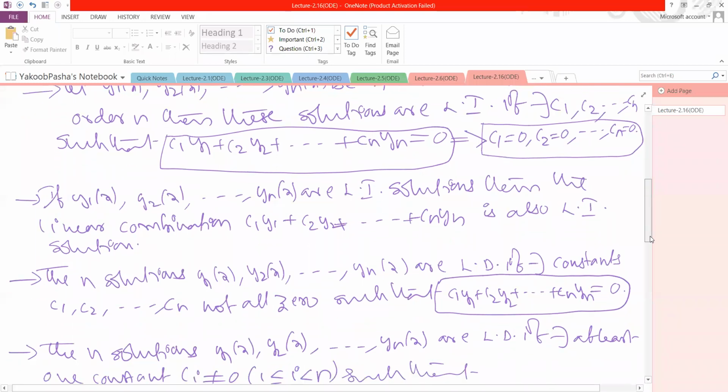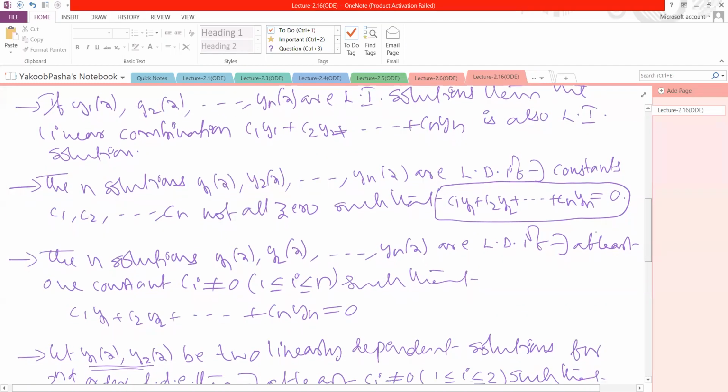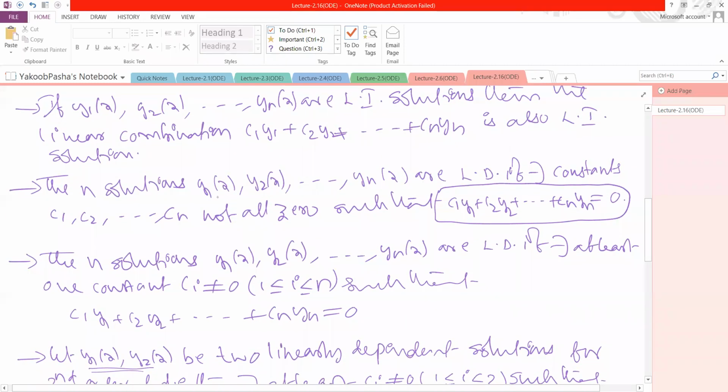Now we see the definition of linearly dependent. The n solutions of an nth order linear differential equation y1, y2 up to yn are said to be linearly dependent if there exist constants c1, c2 up to cn not all 0 at a time, such that c1 y1 plus c2 y2 plus up to plus cn yn equal to 0.